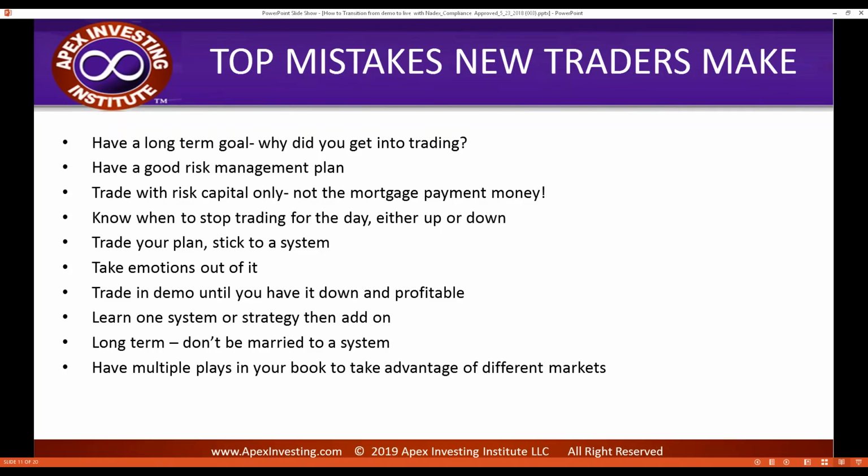It's a process, okay? Because, hey, I chose this trending market strategy to learn first. Great. But the market doesn't trend every single day, does it? Right? Some days are choppy days. Okay, well, I need to learn a choppy system too.